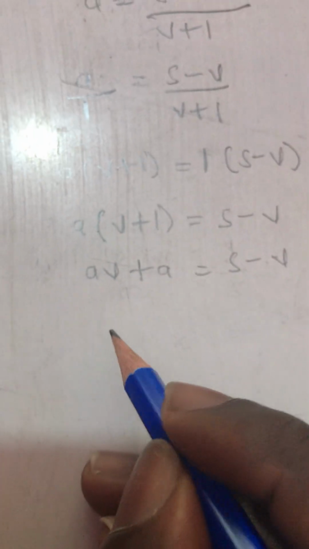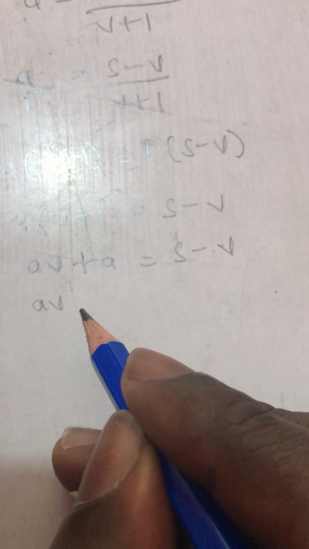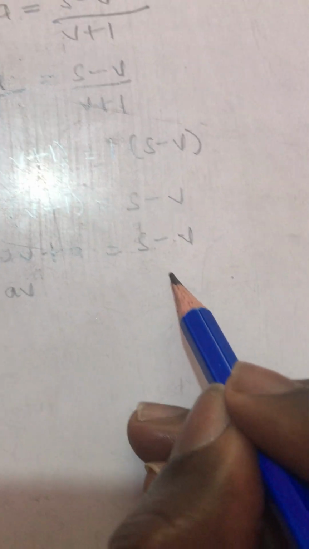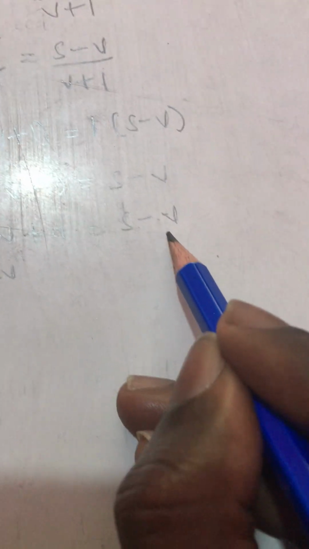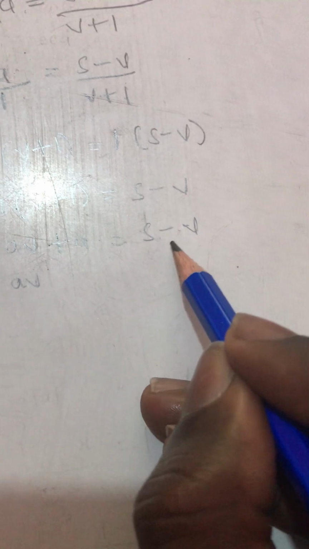So we maintain av, right? And when we look at the right hand side of the equation, we have negative v, right?